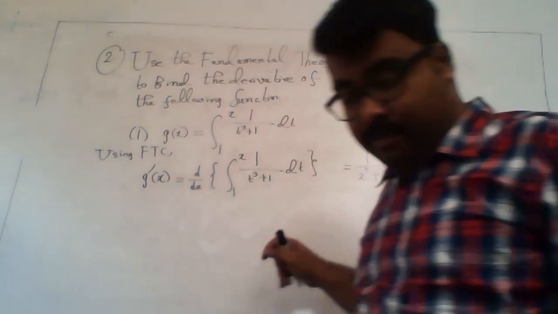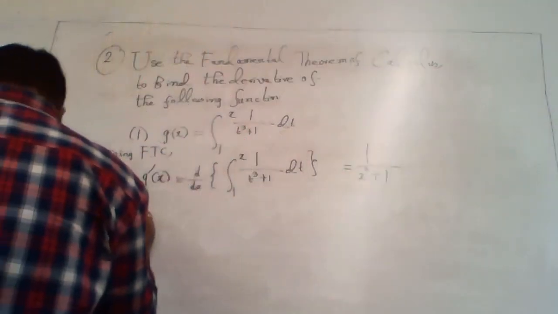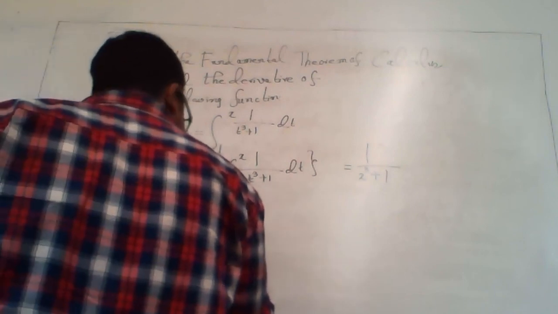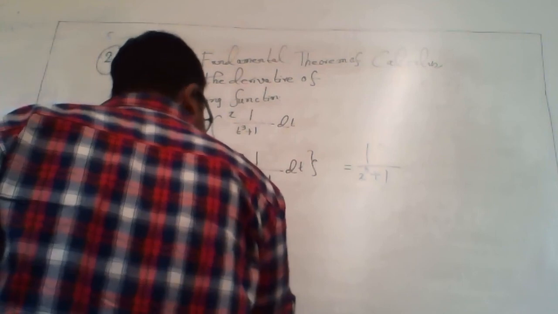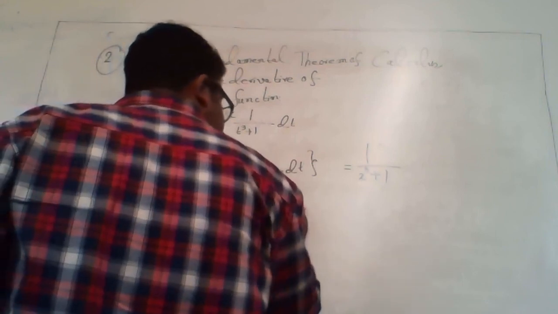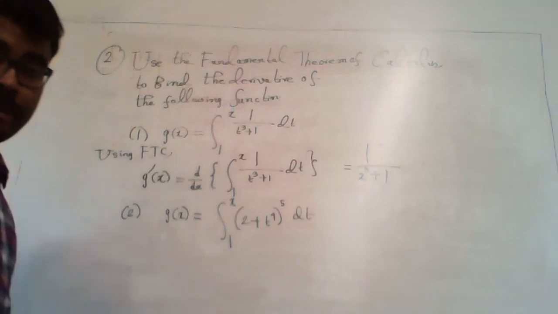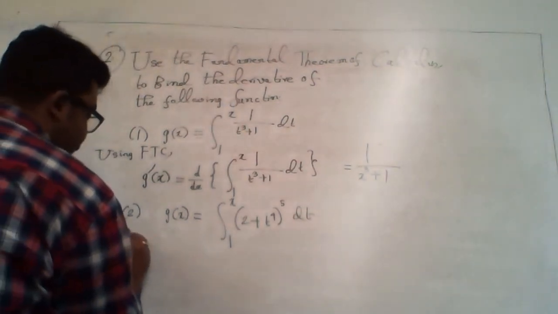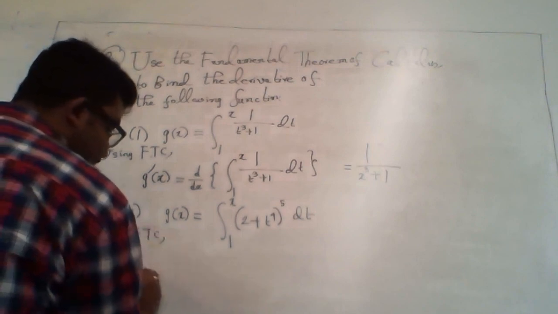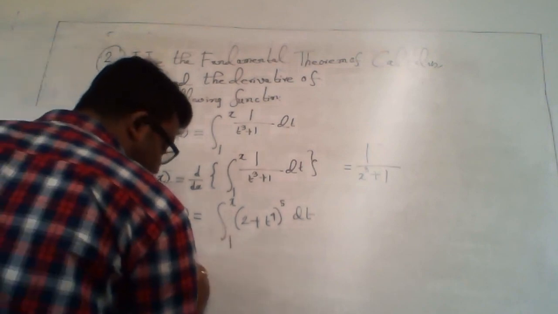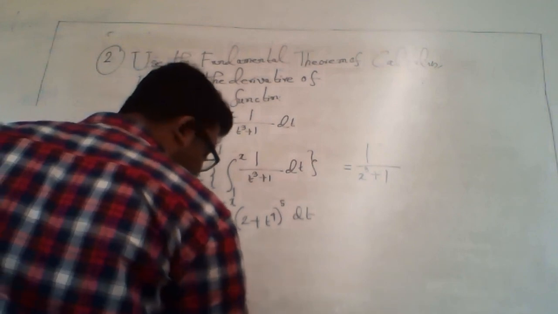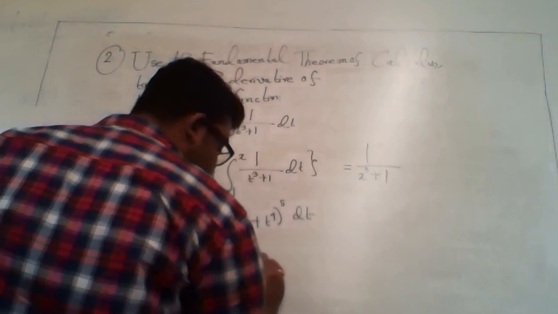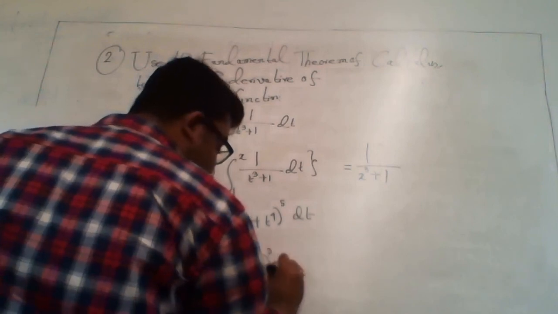Let's take the next one, number 2. g(x) is the integral from 1 to x of (2 plus t to the power 4) to the power 5 dt. This is your original function. Its derivative using FTC, g prime x, is simply d/dx of the integral from 1 to x of (2 plus t to the power 4) to the power 5 dt.